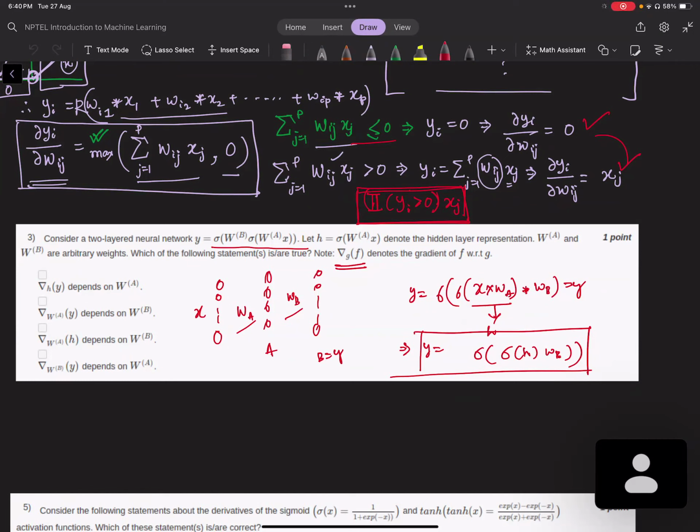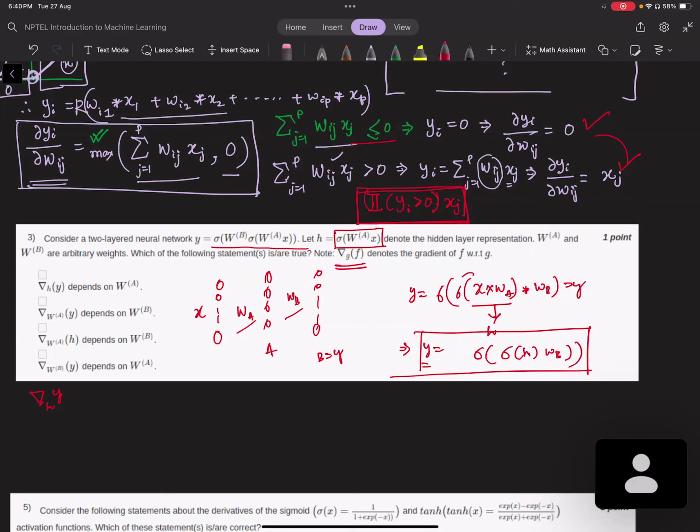Okay, so if we take gradient of Y with respect to H with this equation, we can say that, sorry, this is your sigma.